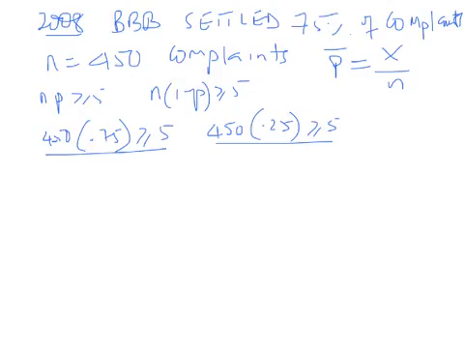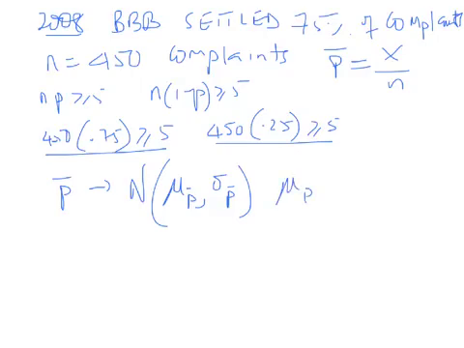So we should be able to say that p bar is approximately normal with mu p bar and sigma p bar, where mu p bar, which is the mean of the sample proportions, would be equal to pi, which would be 0.75, because we were told in the question, let us assume the population proportion of complaints settled is 75%.